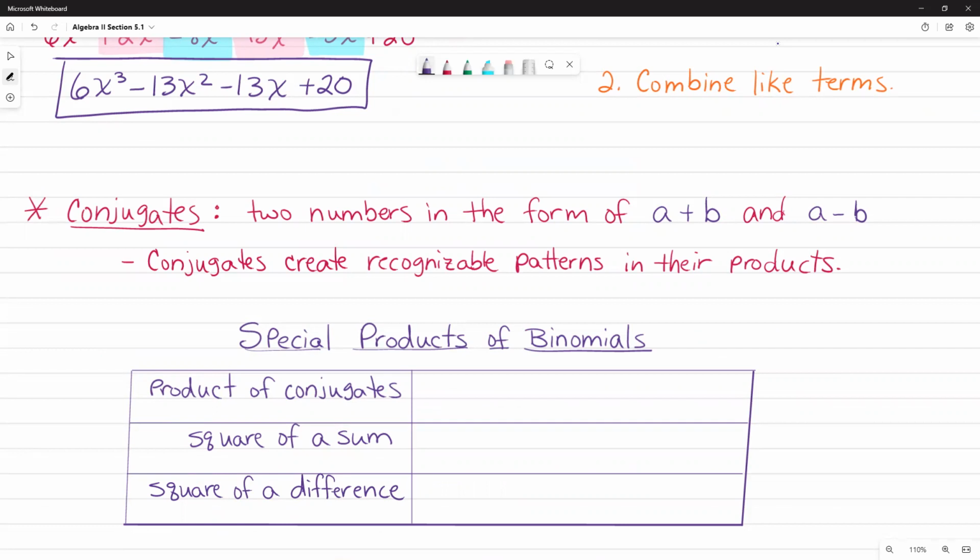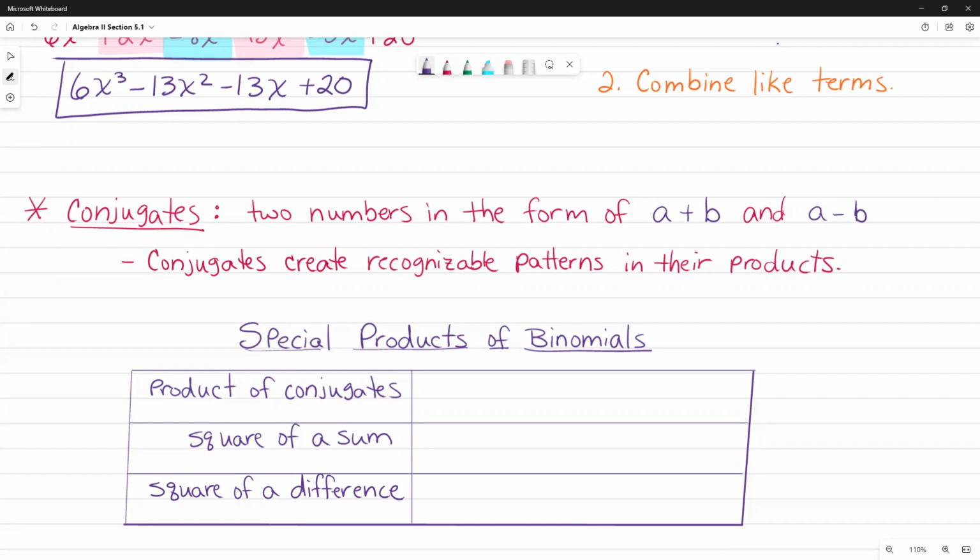All right, so conjugates are what we call two numbers that are written in the form a plus b and a minus b. So again, a has the same value, same variable, same value. We just don't know what that value is. b has the same value. Because of that, when they're written together and then multiplied, you're always going to end up with a certain form.